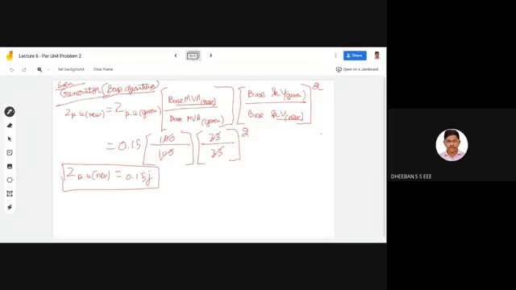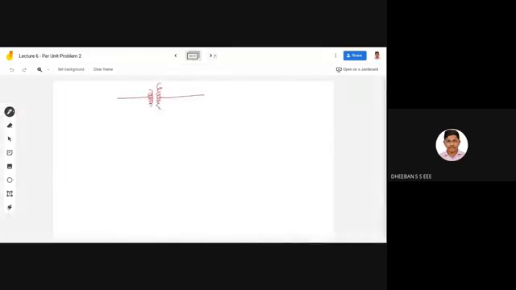Okay, next we'll be moving towards your transformer. As I said, transformer T1 is nothing but a step up transformer, which has 32 kV at its primary, followed by 110 kV at its secondary.